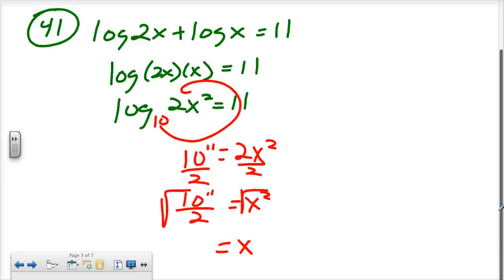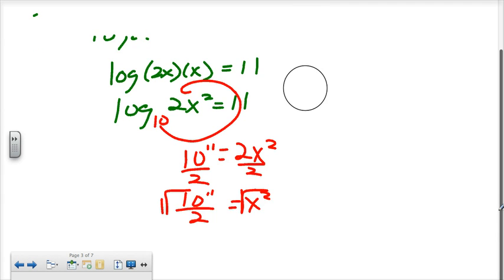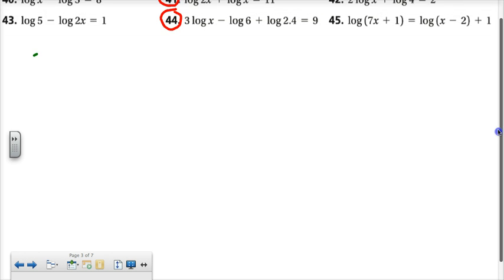This is approximately 223,606.8. Right there. All right, the next one I had is still up here, so I will erase this problem and go after number 44.